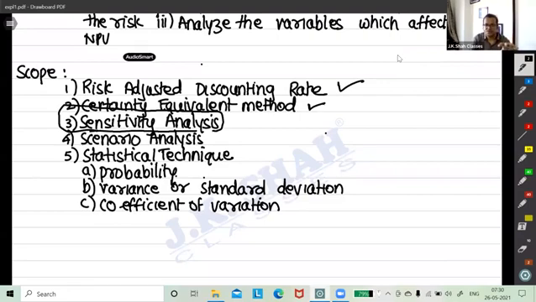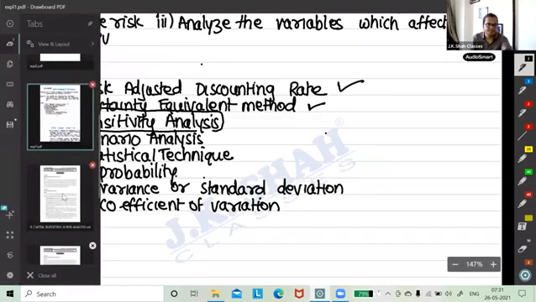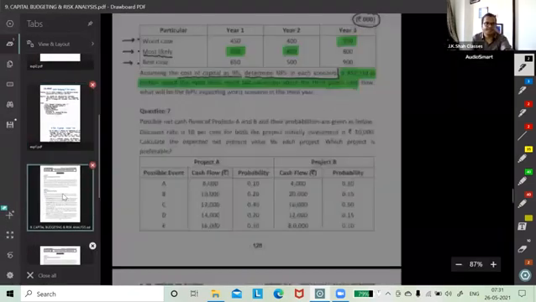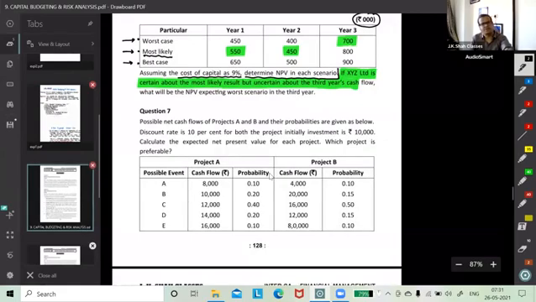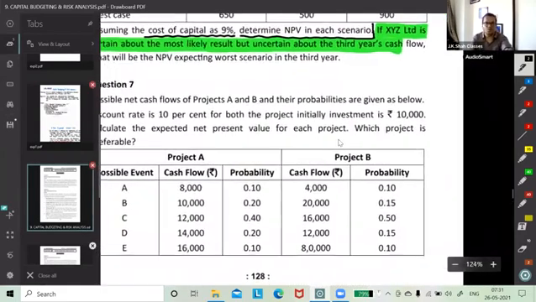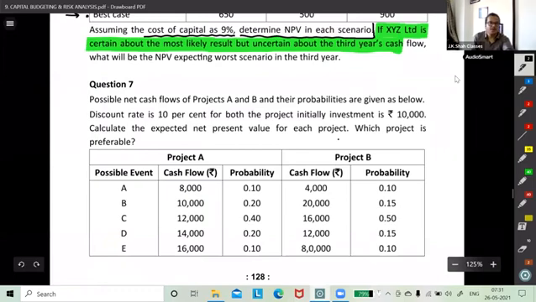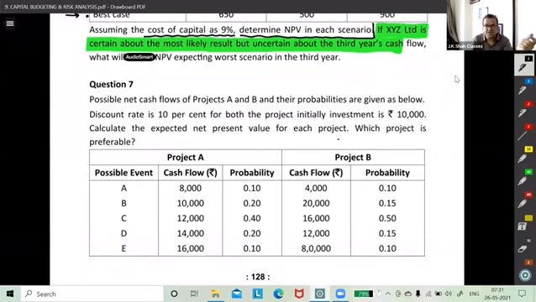Okay. So we're going to talk about what? Making use of probability for doing risk analysis. Okay. So we'll come straight to the question, because we know how to calculate weighted average values based on the probabilities, right?